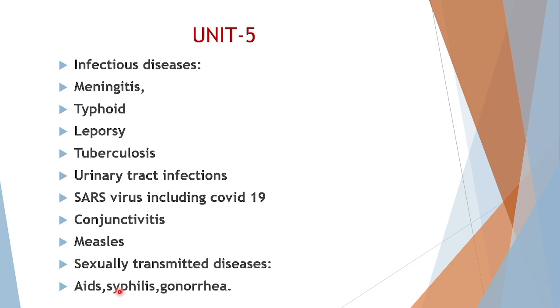And the next, syphilis. Syphilis is caused by Treponema pallidum, whereas gonorrhea may be caused by Neisseria gonorrhoeae. Okay, and AIDS is a chronic condition. In these three diseases, the immune system will be damaged.